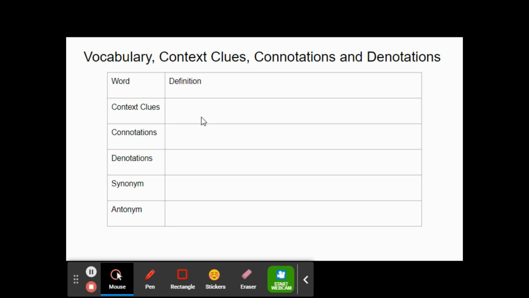Do these definitions have to be in a complete sentence? Yes. Context clues are, connotation means, denotation means, a synonym is, an antonym is, something of that nature. You have to write complete sentences.